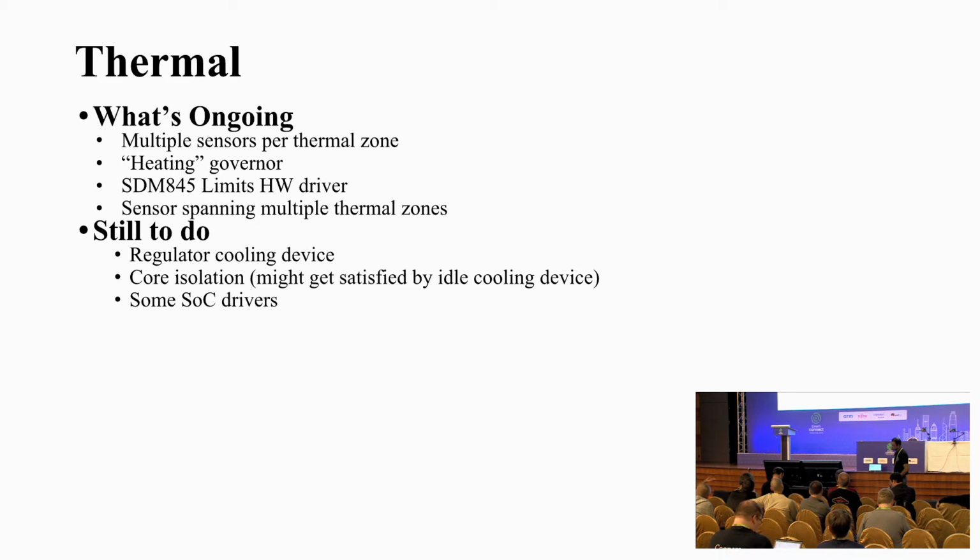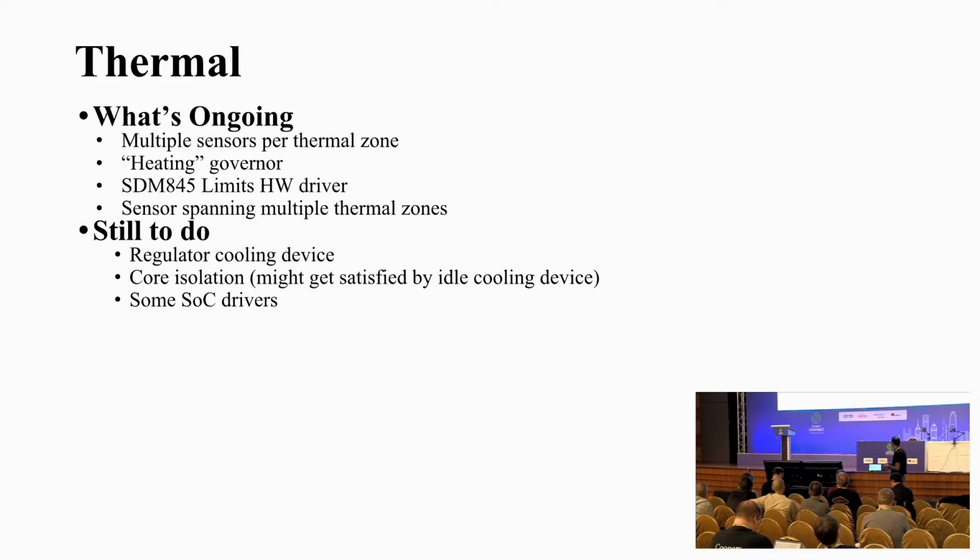So what they've done in downstream is introduce a new governor. I'm trying to change that so the thermal governors accept a range, a low and a high value, instead of introducing a new governor. So still prototyping that bit.